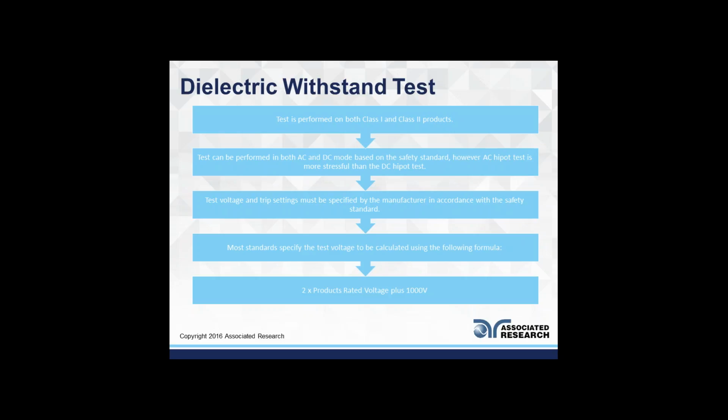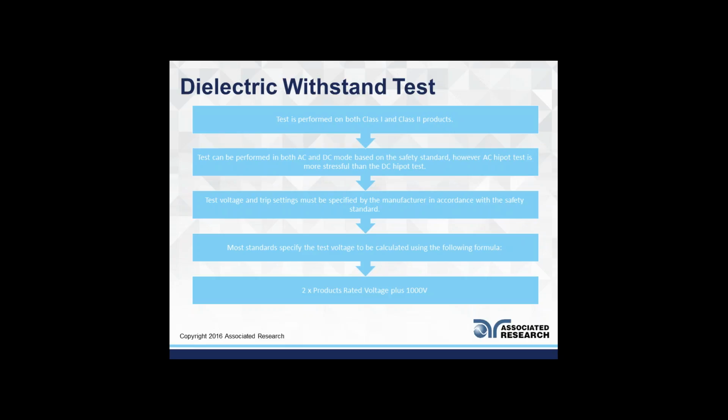If the product was not designed properly or the quality was not up to the standards, this will result in a higher leakage current being read by your hipot tester. If the standards don't call out the test voltages, there is a rule of thumb that we usually use: twice the rated voltage plus 1,000 volts. So for a product rated to operate at 240 volts, you would multiply this by 2 and add 1,000 volts to it.